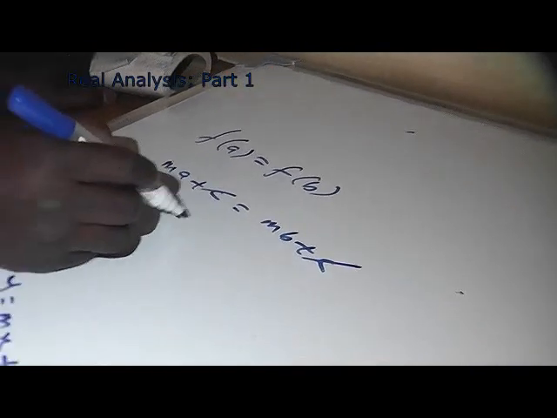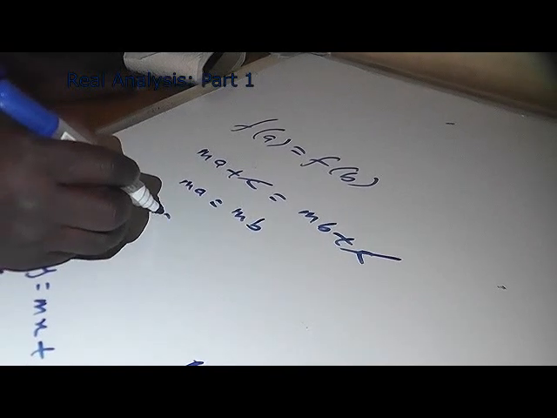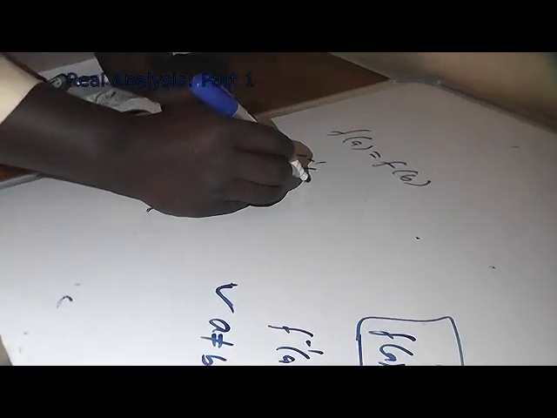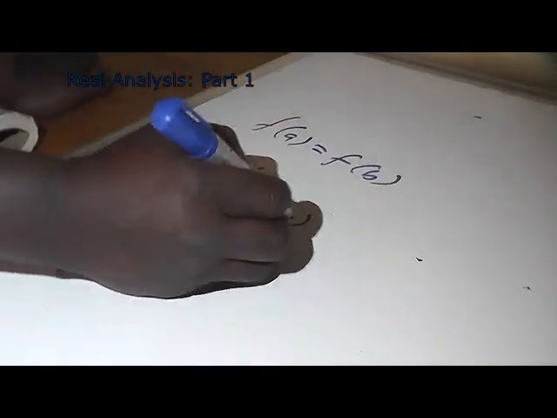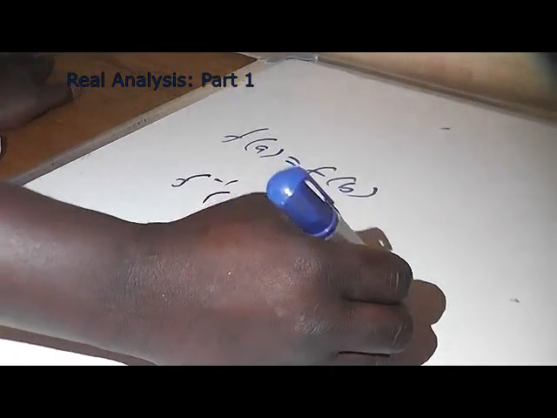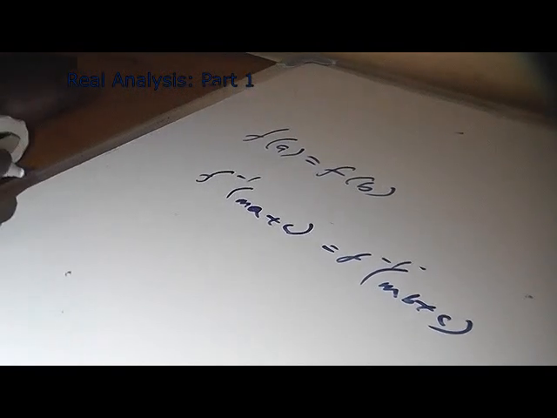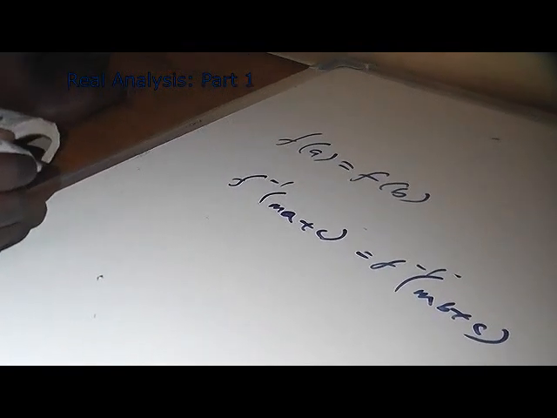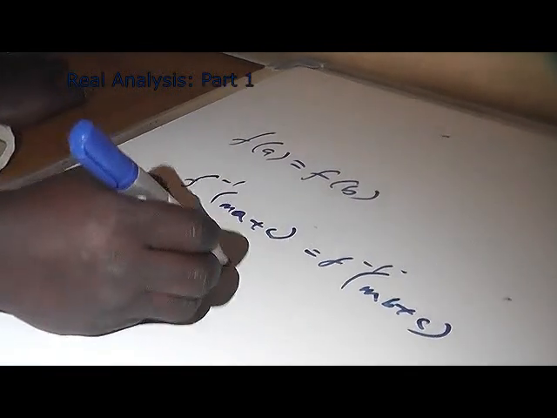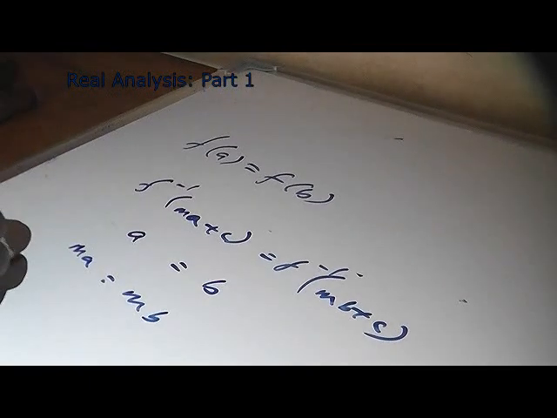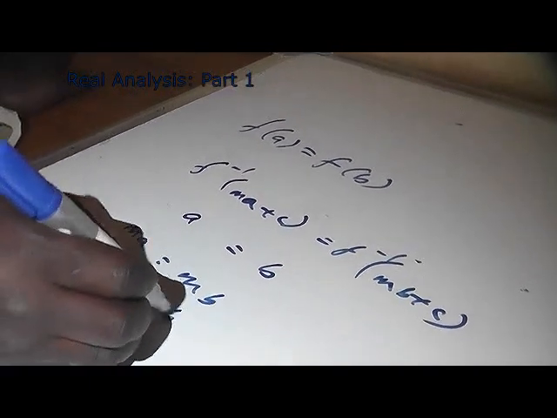You have MA equal to MB, which implies A equal to B. So also, the ontoness is f inverse of MA plus C equal to f inverse of MB plus C. And this is nothing but A is equal to B, which implies MA equal to MB, which implies MA plus C equal to MB plus C.